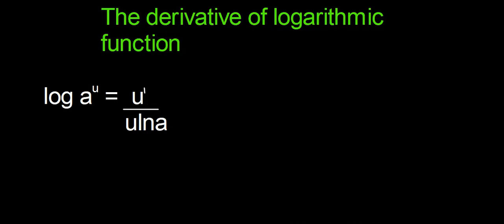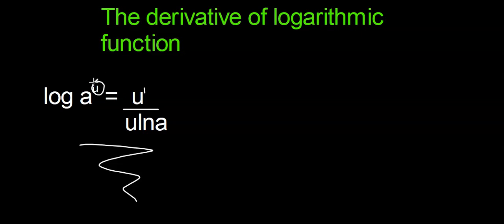This is the basic formula that you're going to need when you're dealing with the derivative of logarithmic functions. You have to memorize this formula, so try to learn it when you get some free time. When you have log a of u, a is just the number that they give you, and u is whatever number or variable is in the exponent spot.